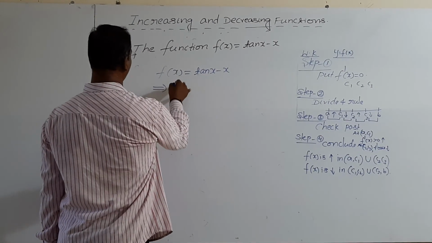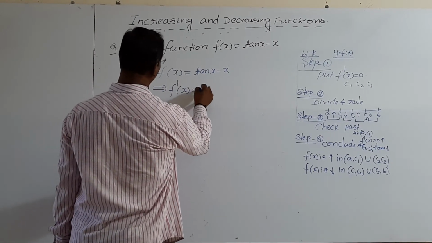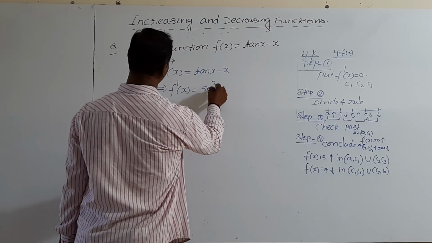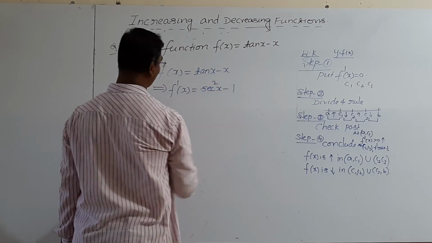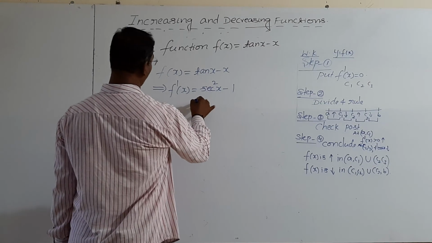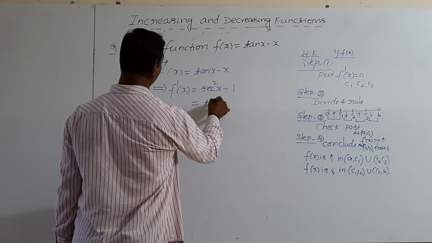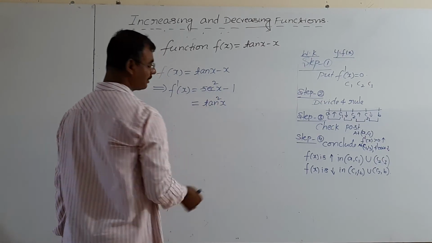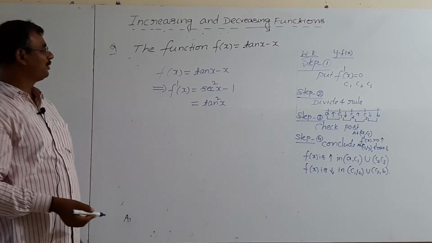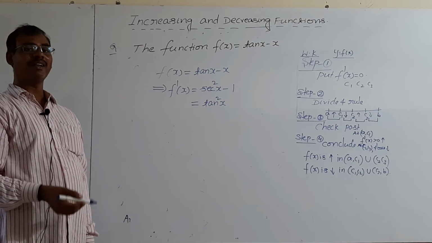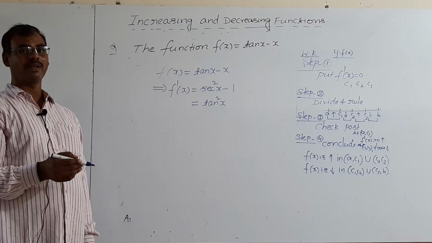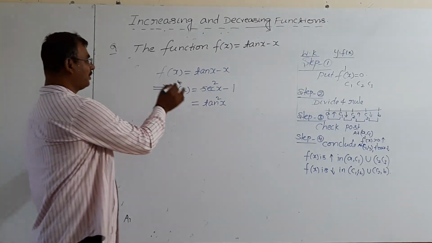Differentiating, f dash of x is equal to secant square x minus 1. Secant square x minus 1 is nothing but tan square x. Is it a positive or negative number on any real number?